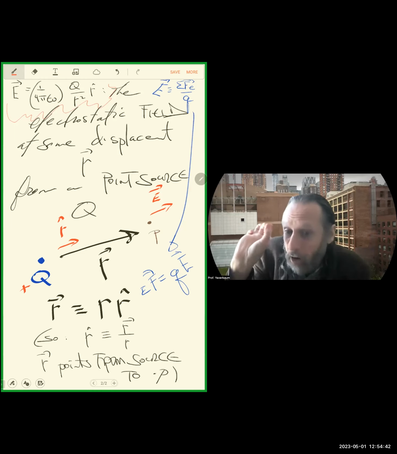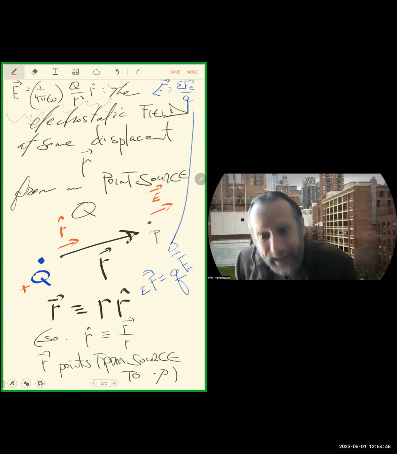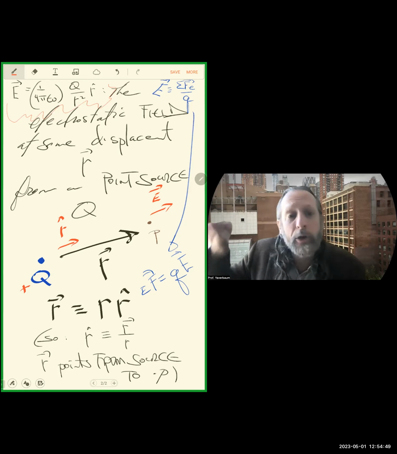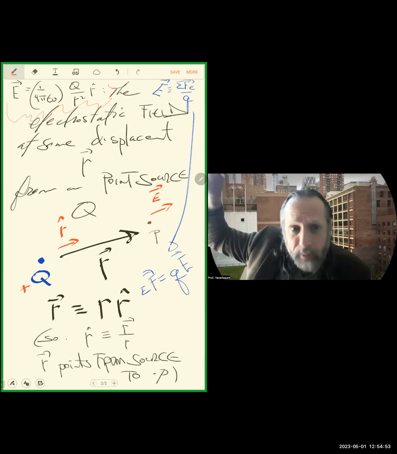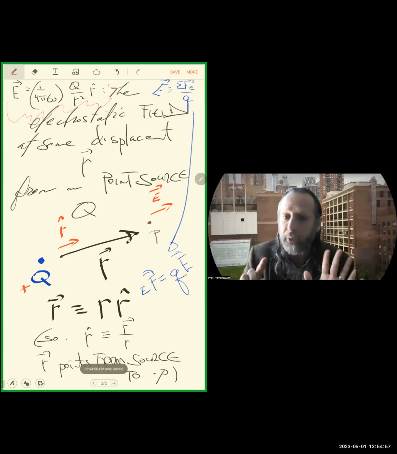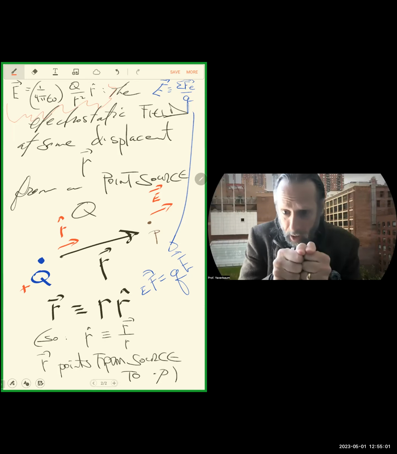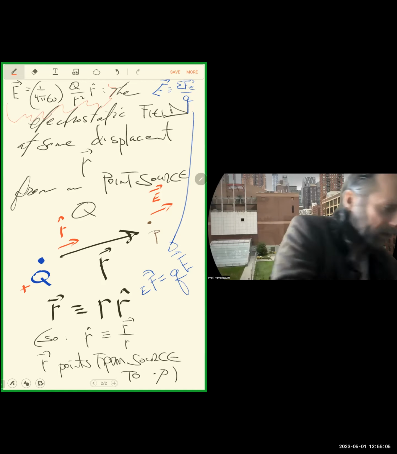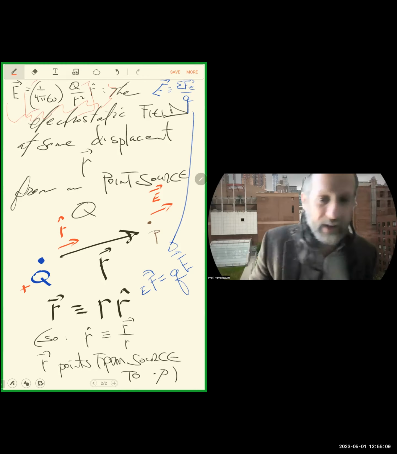The letter R without any symbols over it means the distance R, the magnitude of the displacement vector. You take that distance, square it, and put it underneath the charge magnitude and multiply it all by this crazy constant. And then the whole thing gives you the magnitude of the vector that we're computing, the field vector. That's the magnitude.